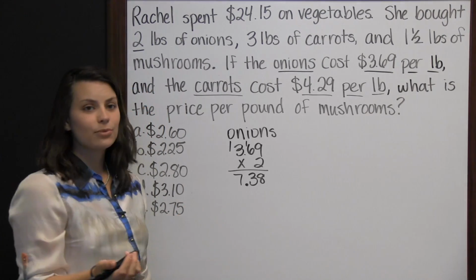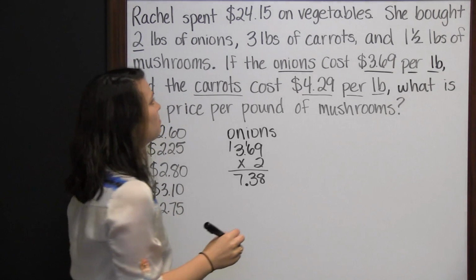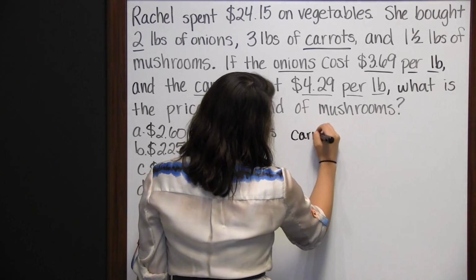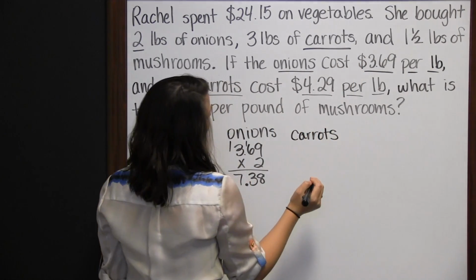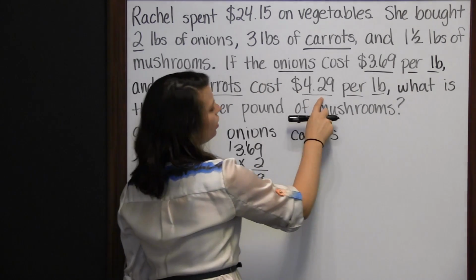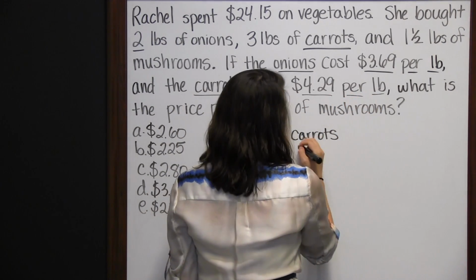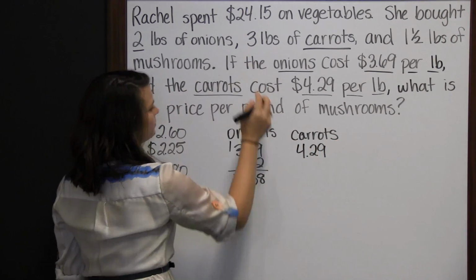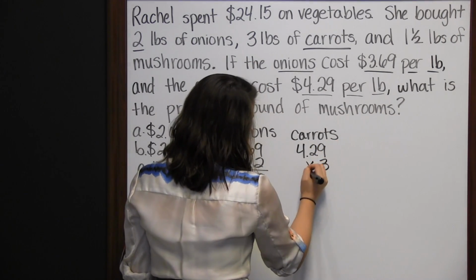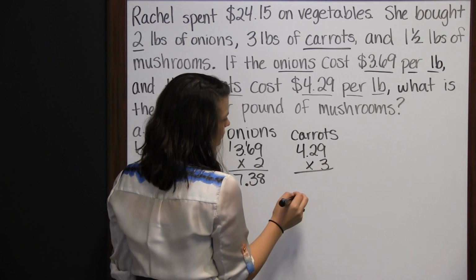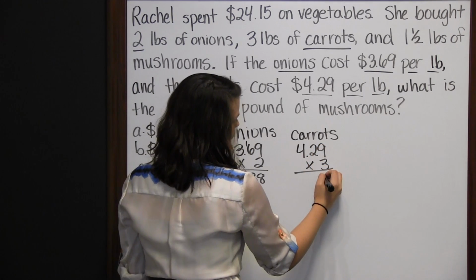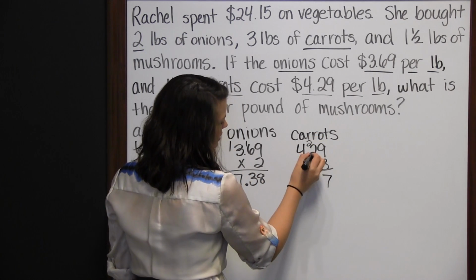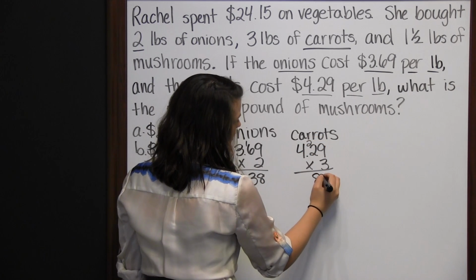We're going to do something similar to find the total amount of money spent on carrots. So next we'll deal with our carrots. The carrots were $4.29 per pound. So $4.29 times 3, since she bought 3 pounds of carrots. 3 times 9 is 27, write the 7, carry the 2. 3 times 2 is 6, plus 2 is 8.